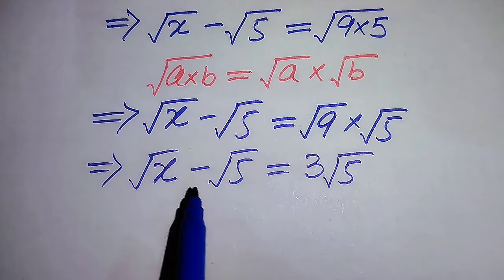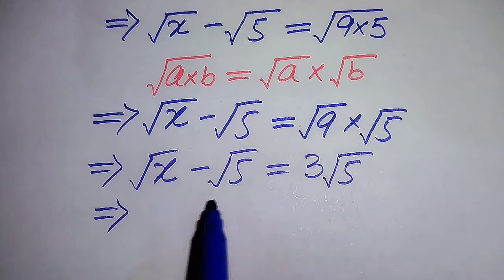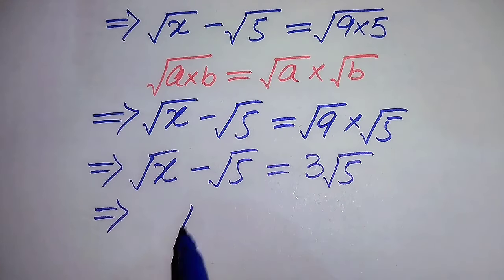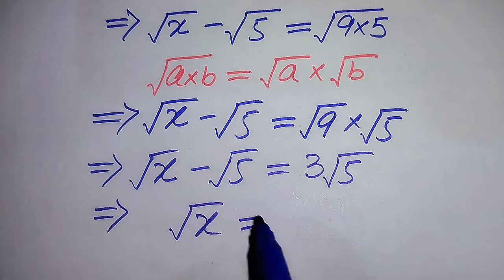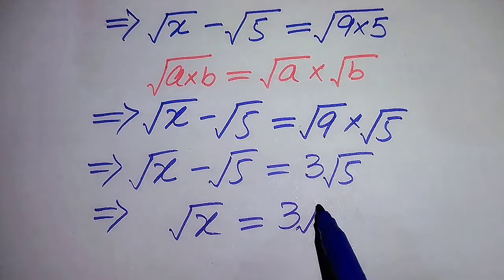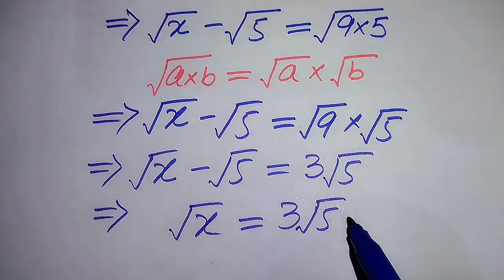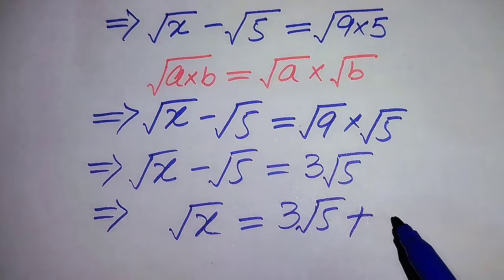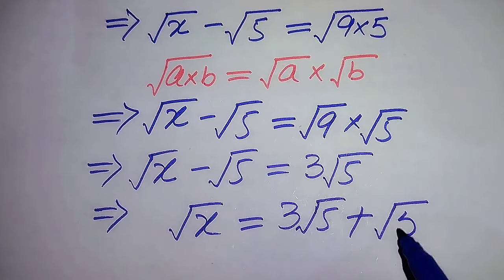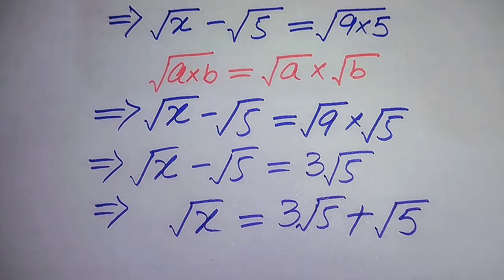And now we separate the variable term. For this we move minus square root of 5 to the right hand side, and when we move it to the right hand side it will be written as 3 times square root of 5. This is a negative term; when we move it to the right hand side it becomes positive.